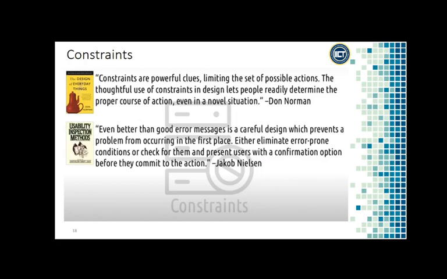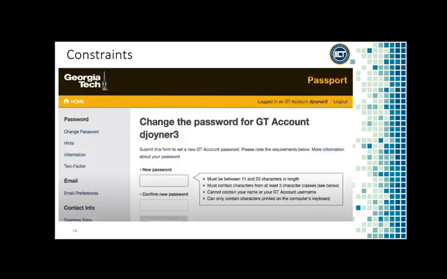Now both of these approaches refer to the need to stop faulty user input before it's even received. For instance, the password example. In this case, the first two are a kind of soft constraint, because if you write something, it will not stop you from writing.